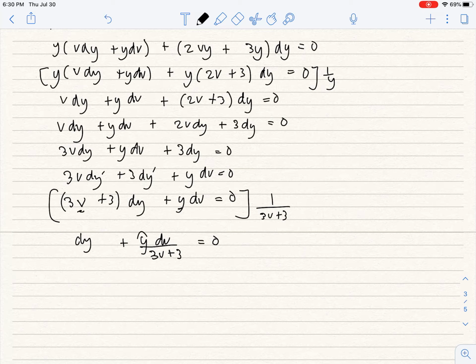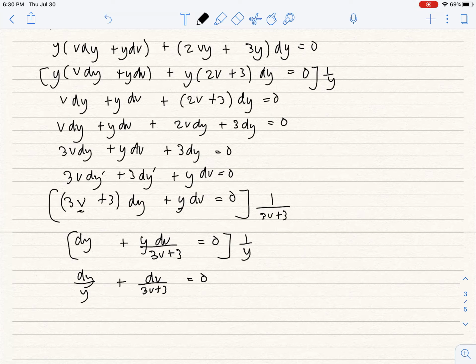Okay, next we remove the y here so that everything here is just v. So, divide by itself, or divide by y. So, this is dy over y plus dv over 3v plus 3 is equal to 0. Okay?